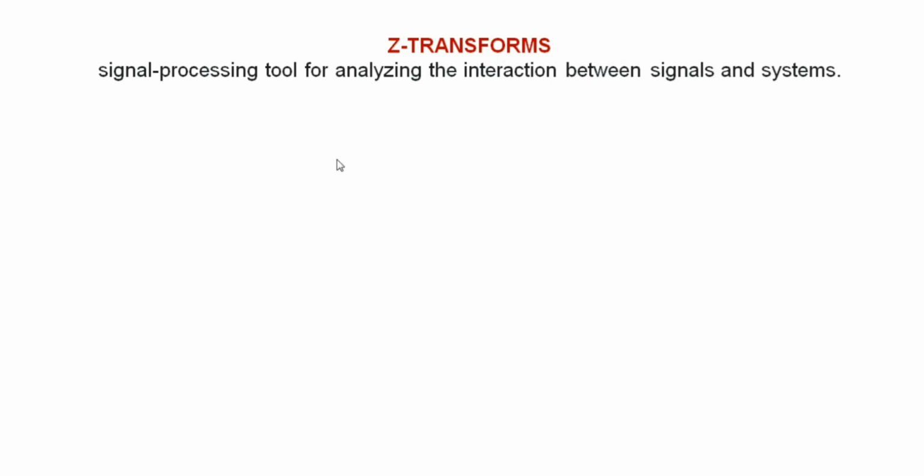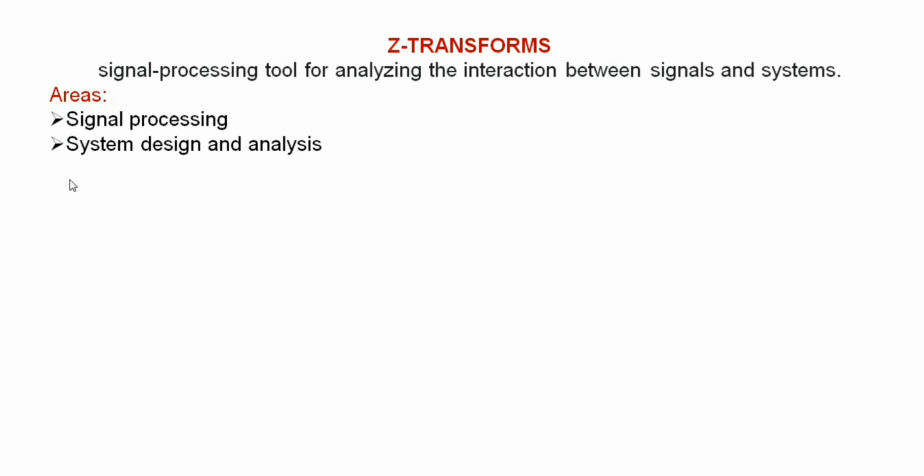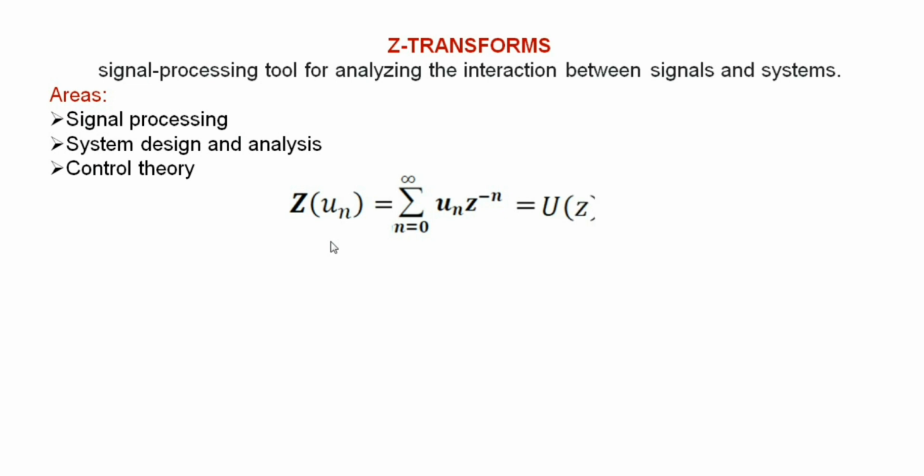The Z-transform is a very useful and important technique in the areas of signal processing, system design and analysis, and control theory. So what is the basic definition of a Z-transform of a sequence? Let u_n be the sequence defined for discrete values n varying from 0, 1, 2, 3 and so on.